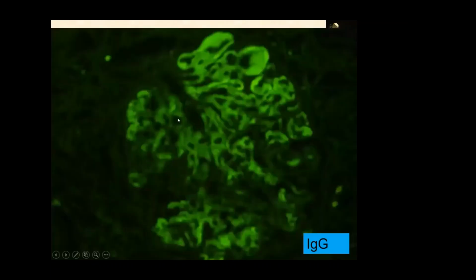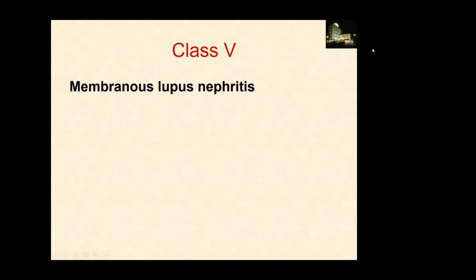And this is another case stained for IgG, also with diffusely distributed immunoglobulin G deposit along the capillary wall and the mesangium, subendothelial and subepithelial. And we show here the subendothelial lesion, and this is the mesangial or capillary wall lesion.